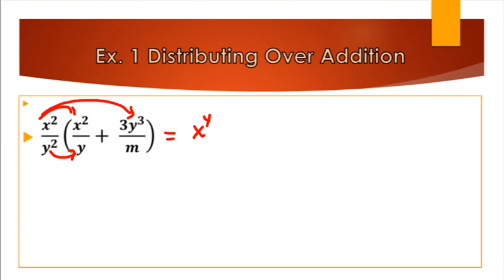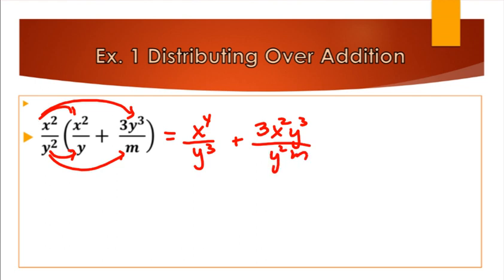So it'd be y squared times y cubed, or y to the fifth. So our first term is done. Plus x squared times 3y cubed would be 3x squared y cubed, divided by y squared times m, which is y squared m. And so that would be our answer for that first one there.